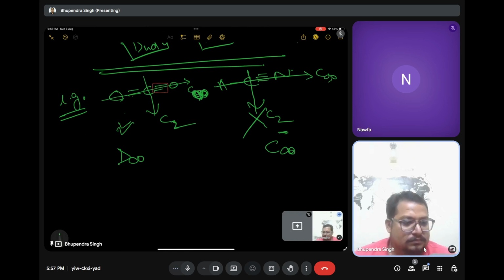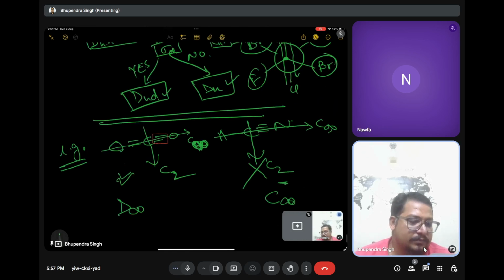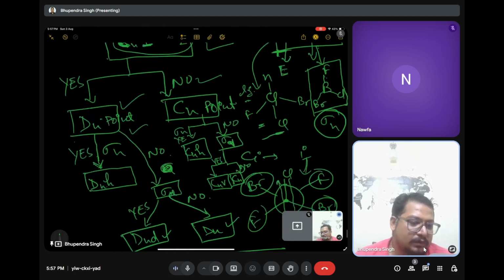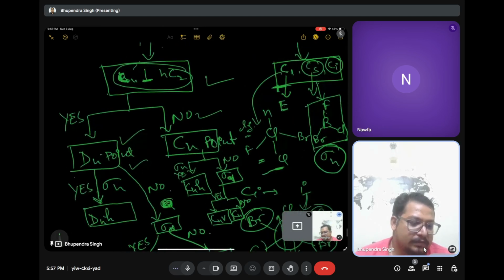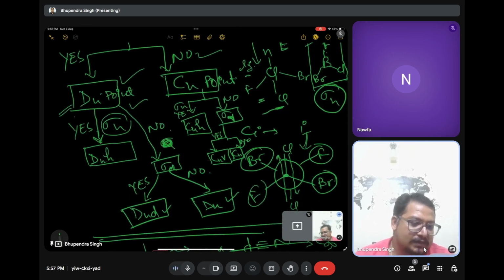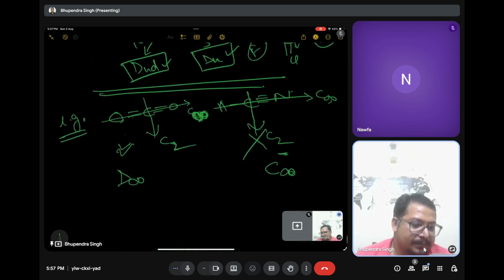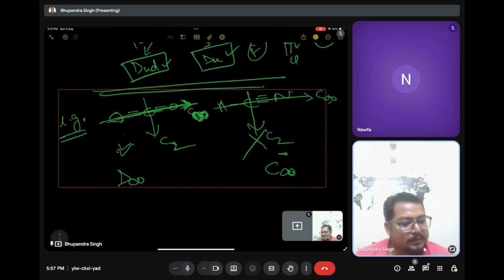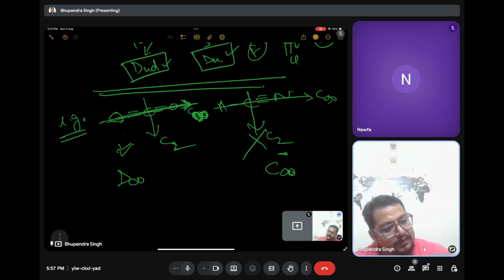In D, next what do we look for in the D point group? We have reached here till now. We try to see the sigma h, whether it is present or not. So sigma h, if this is your principal axis, then perpendicular to this axis we have this plane. C will remain there.